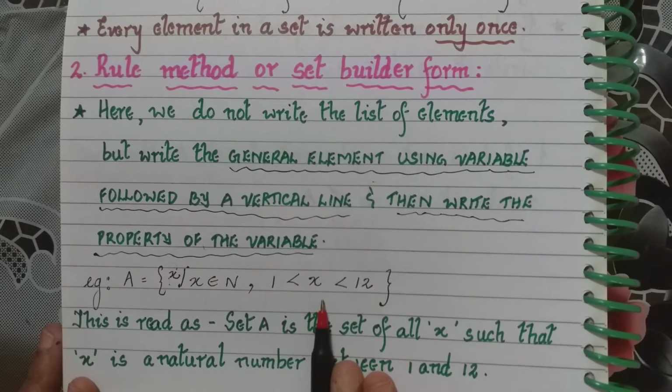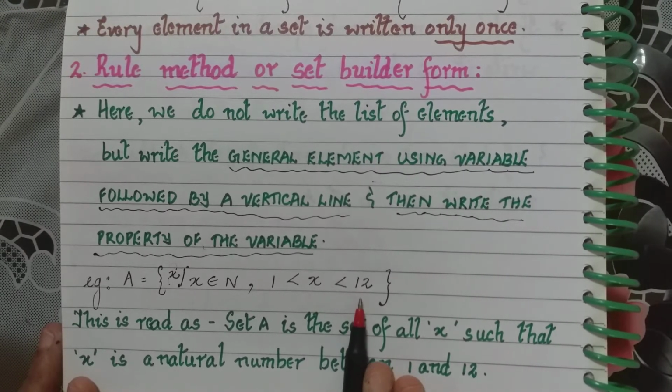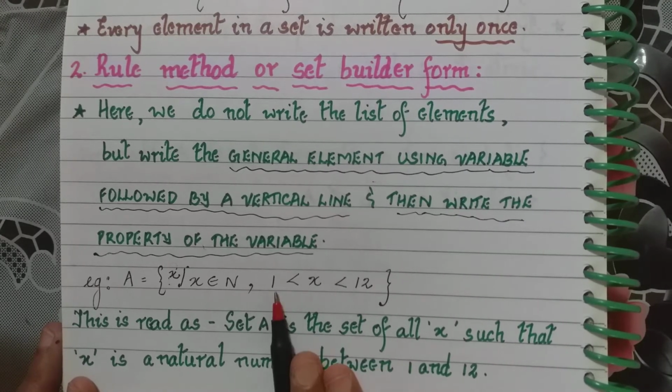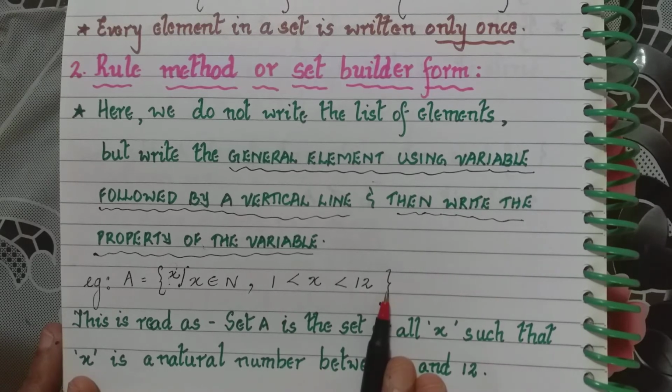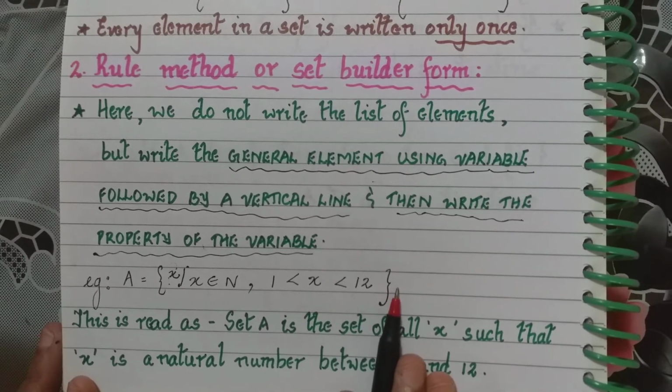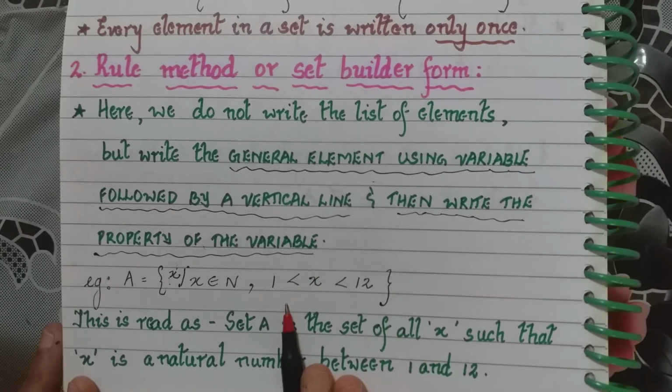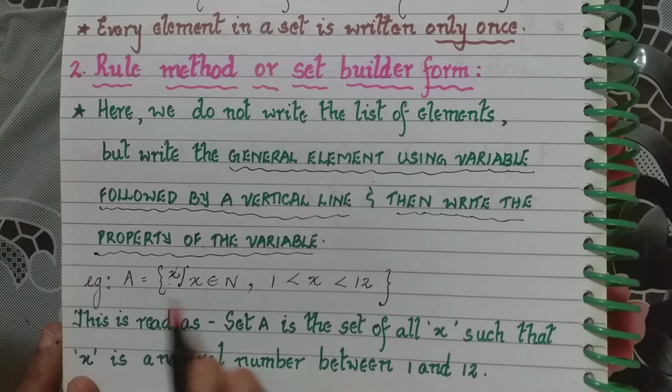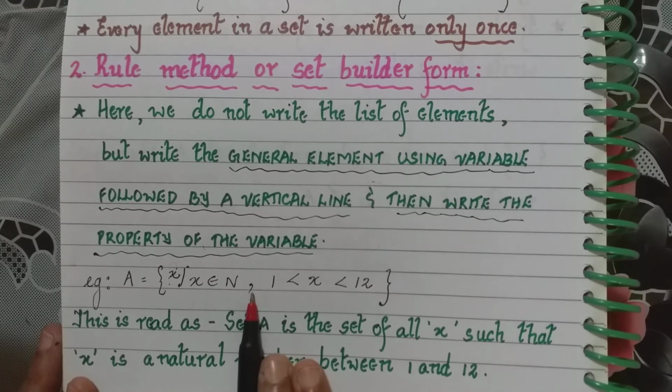So 2, 3, 4, 5, 6, 7, 8, 9, 10, 11, and then we don't have 12 because x is lying between 1 and 12. So right from 2, 3, 4 we go right up to 11. So 2, 3, 4 up to 11 will be the elements which are included in the set A.